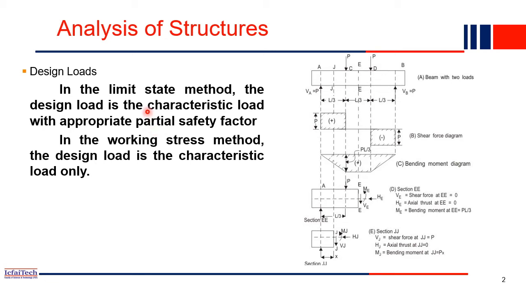One is the limit state method, another is the working stress method, then we have the ultimate load method, and the fourth is based on an experimental approach. The limit state method is now widely used all over the world, and in this course also we'll extensively use the limit state method for the design of structures. In this method, we are using the characteristic load with appropriate partial safety factor.